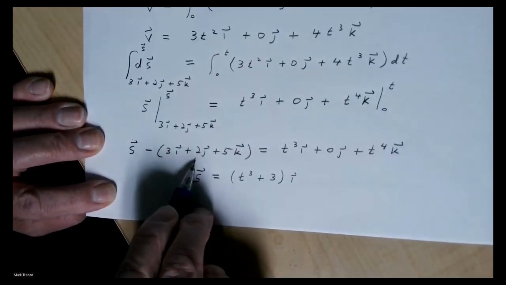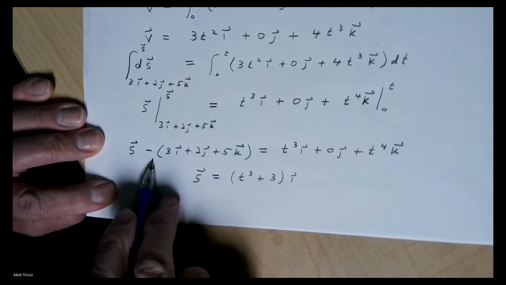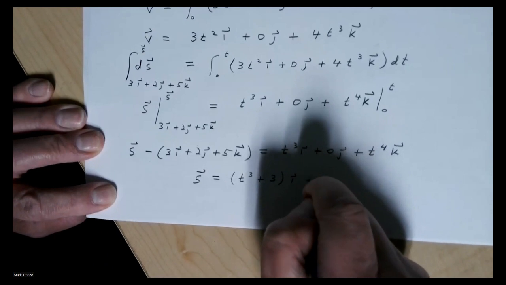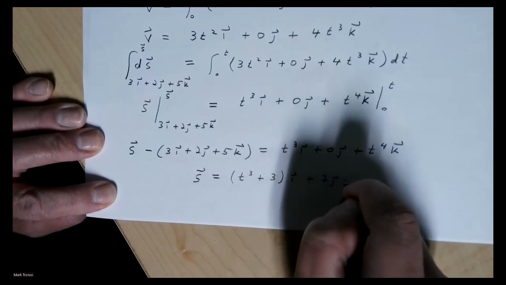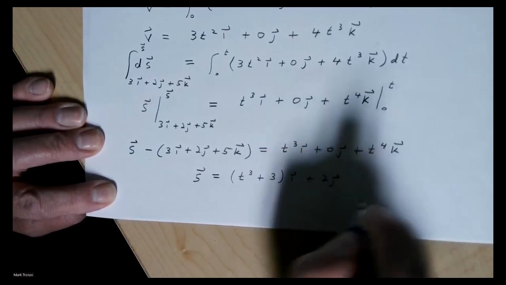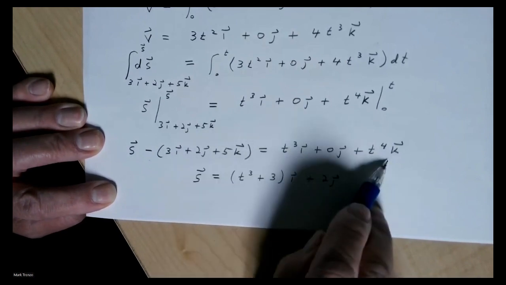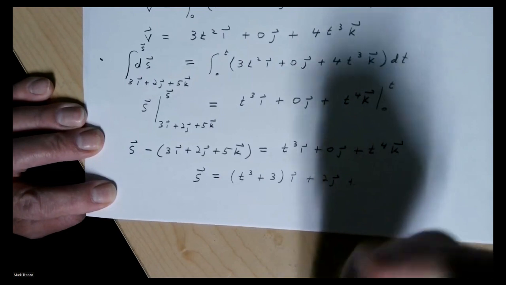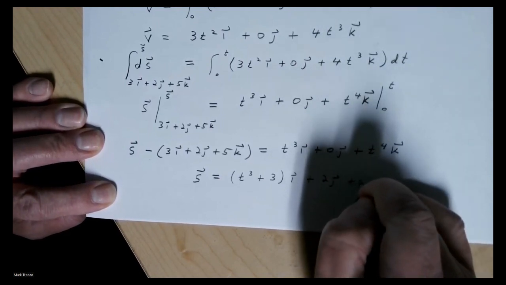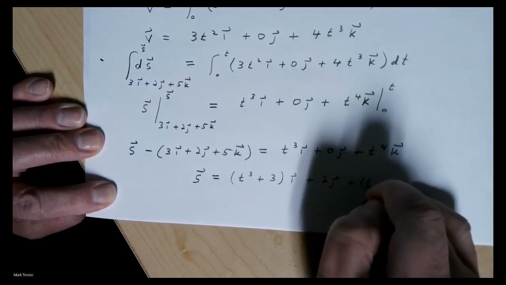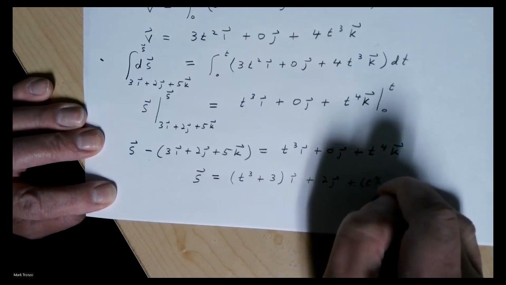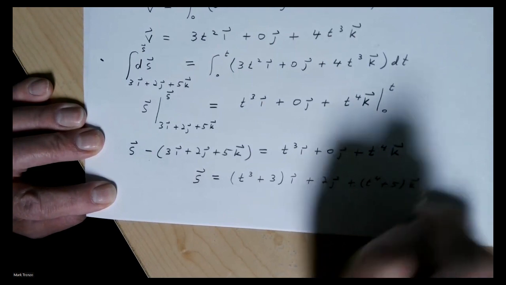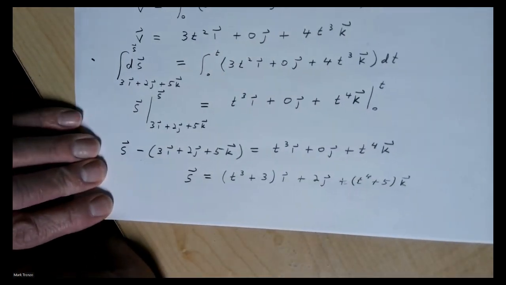And then this 2J, which is negative over here, becomes a positive. And then the 5 will add to the 5 over here. Like this.